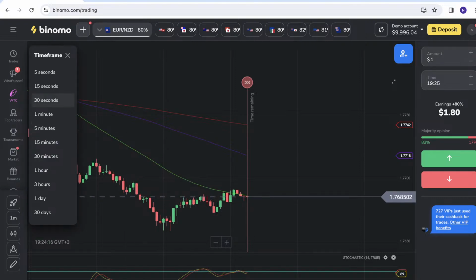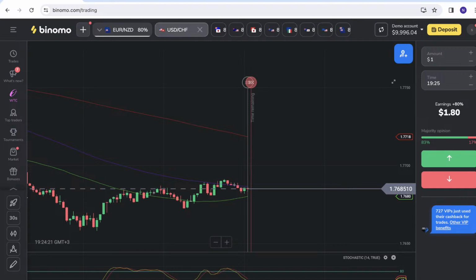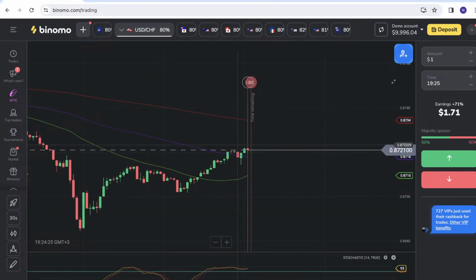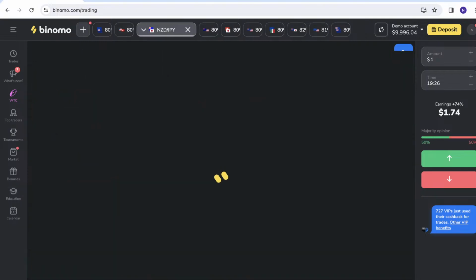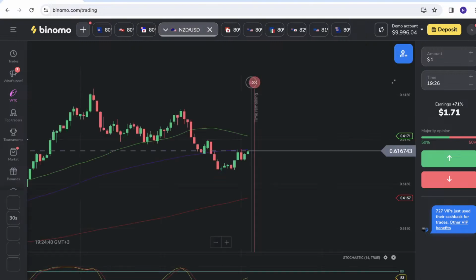So let's choose 30-second time frames again and search for other trading signals. Now I'm looking for another signal.